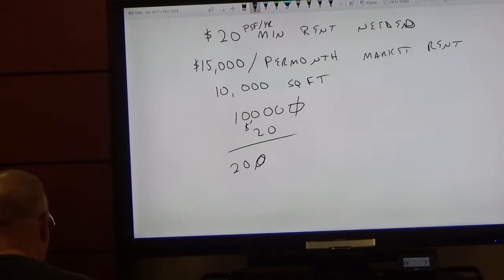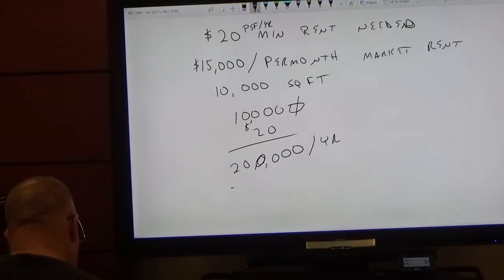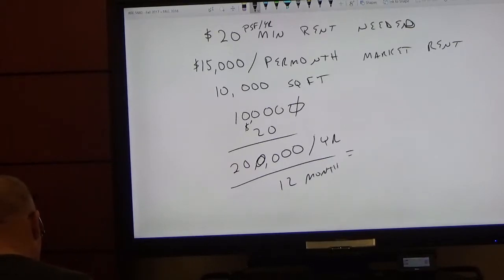Yeah, 10,000 times $20 a square foot, 200,000. Oh, you're doing it per year. Yep, that's per year. Divided by 12 months would be $16,667 per month. Okay, so if that is the case, this is the rent needed.